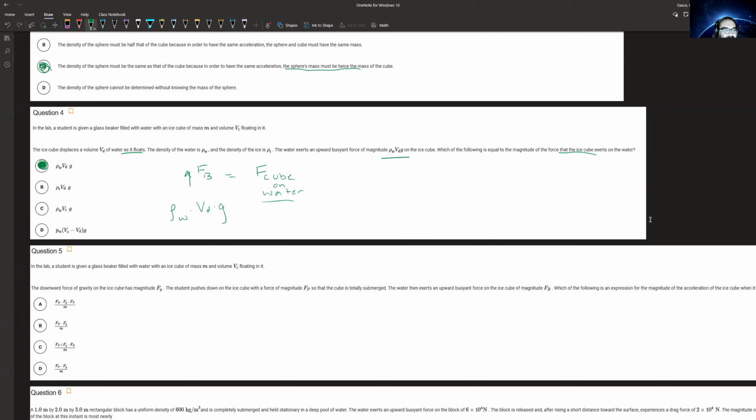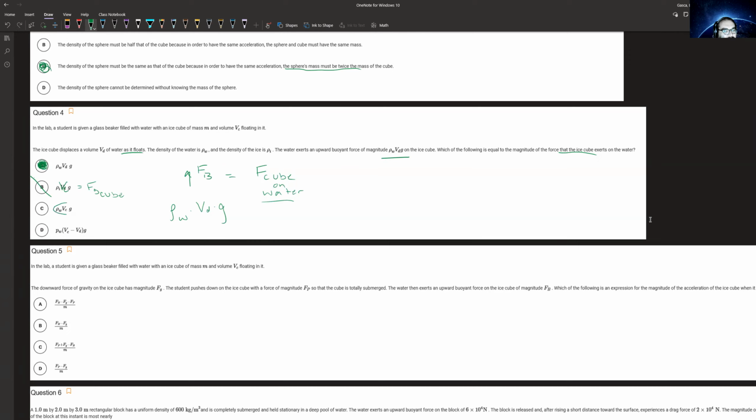Because if we look at B, and neither of you chose it, the density of the ice would need to be the volume of the cube here for it to be correct, because this would give us the weight, the gravitational force of the cube, and that's the force that it's going to push the water with. If we look at this, the cube is not made out of water.